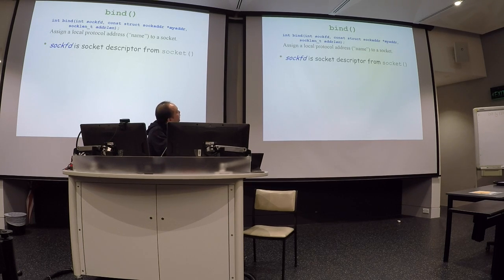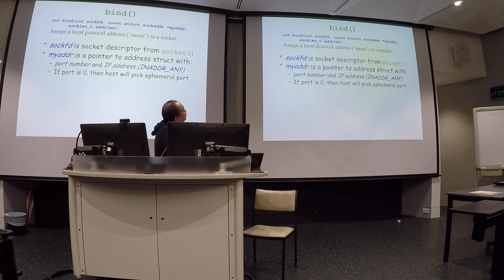The first argument is the descriptor of the socket you have just created by using the socket function. Right? The socket function gives you a descriptor. Now it becomes the first argument to the bind function. The next 2 arguments are used to specify the server-side socket address. So you need to provide a pointer to a data structure that contains the server-side socket address.